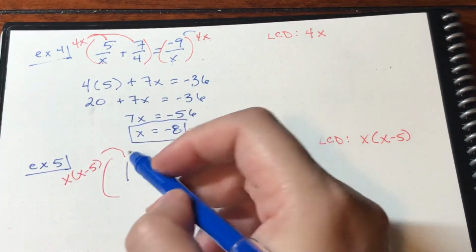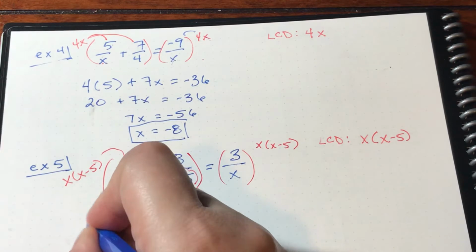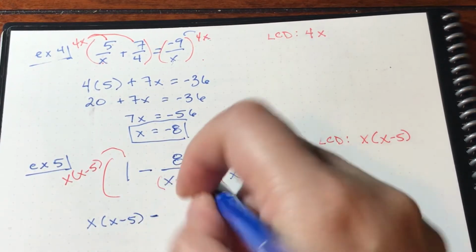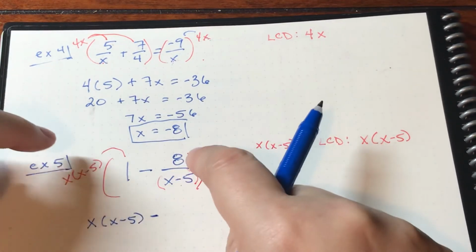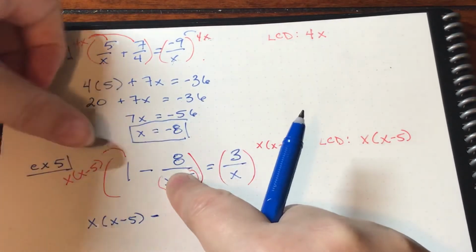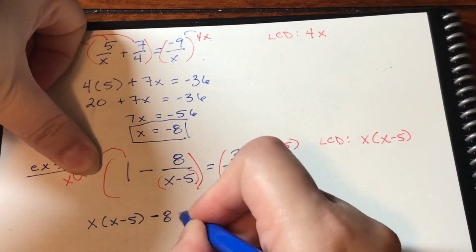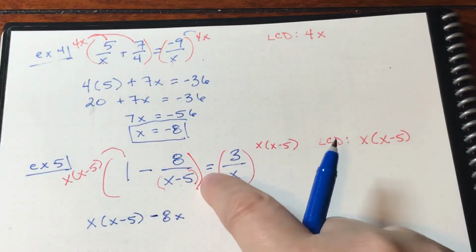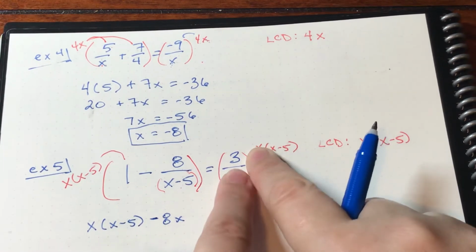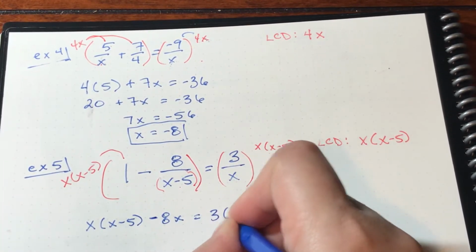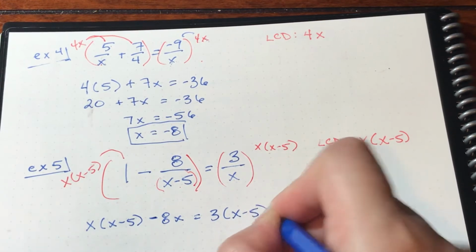So this is just a 1, so it's going to be the whole x times x minus 5, and then minus here x minus 5 and x minus 5 cancel, so I'm left with 8x equals the x's divide to make 1, so it's 3 times x minus 5.